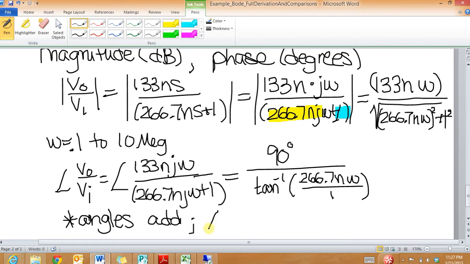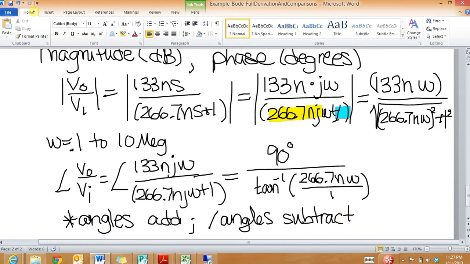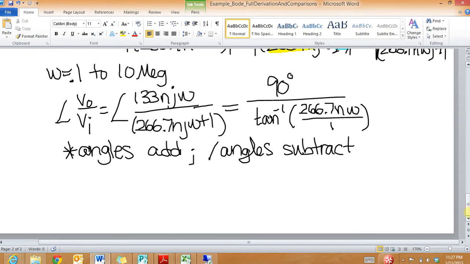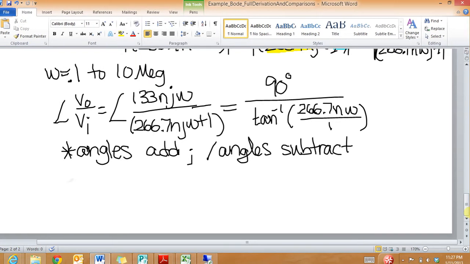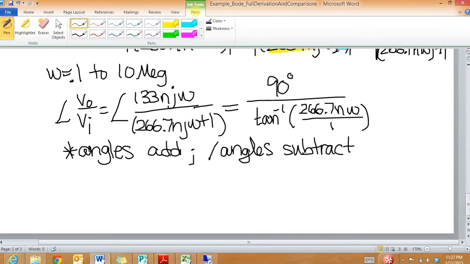So we can take the top angle, which is the 90 degrees, and the inverse tangent, which is a function of omega.